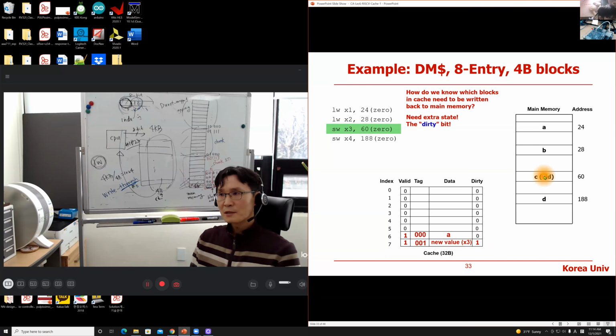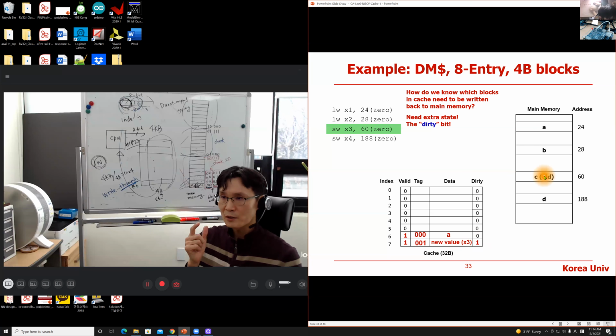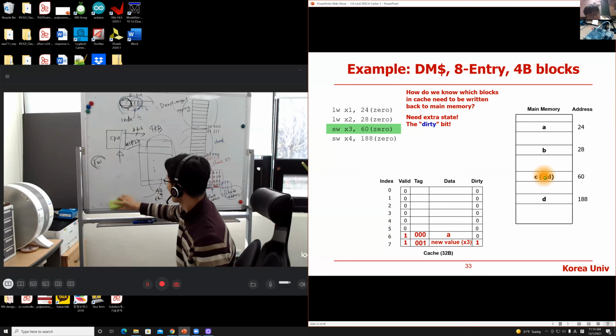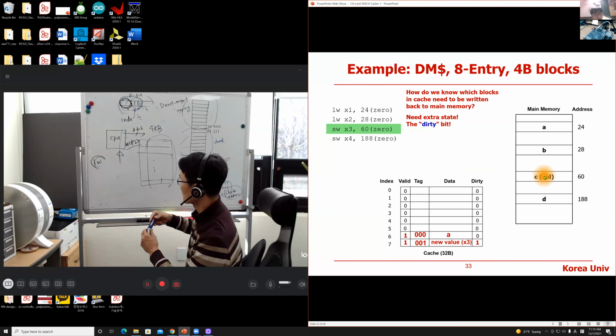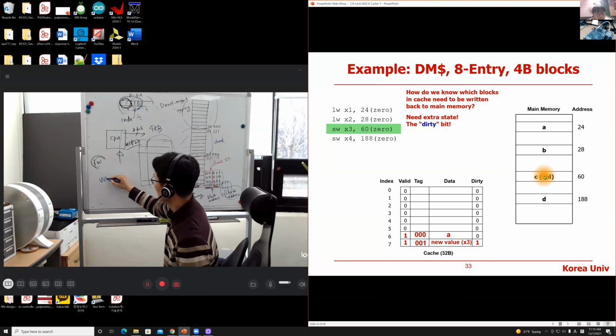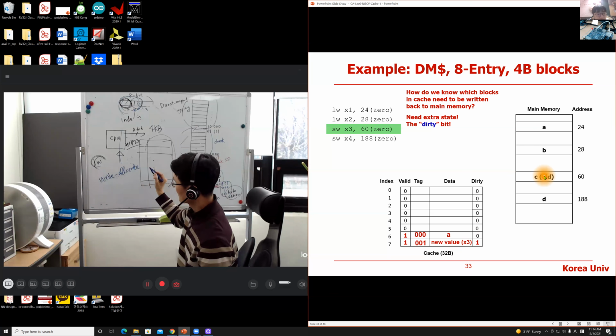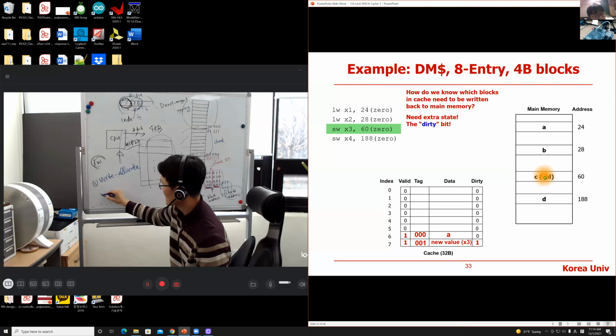A little bit confusing, right? So I mentioned two different policies: write allocate, and second, write back.